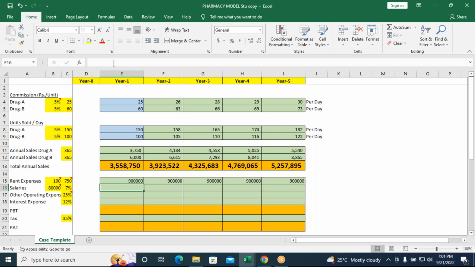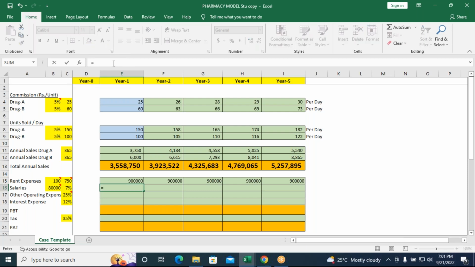Okay, so now we have to calculate the salary. So tell me, how should I calculate the salary? They are telling that 80,000 rupees is the salary. Is that for 1 month or for a year? Per month. And what is the 7% they have mentioned? They increase every year. Inflation, ma'am. That's inflation happening every year, so year on year there is growth.